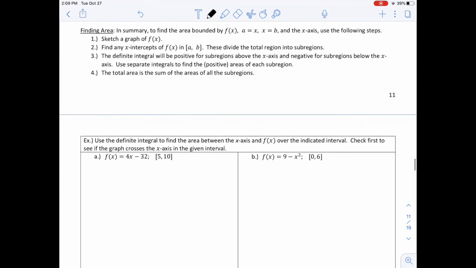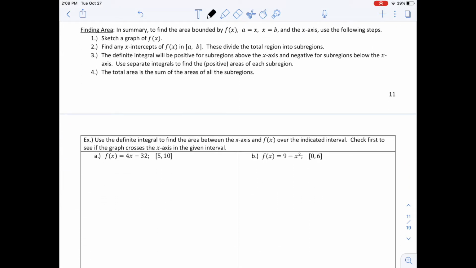So right below this it says finding area. In summary, to find the area bounded by f of x from a to b and the x-axis, use the following steps. First is going to be to sketch the graph of f of x. 2 is to find any x-intercepts on that closed interval. Then divide these total regions into subregions.